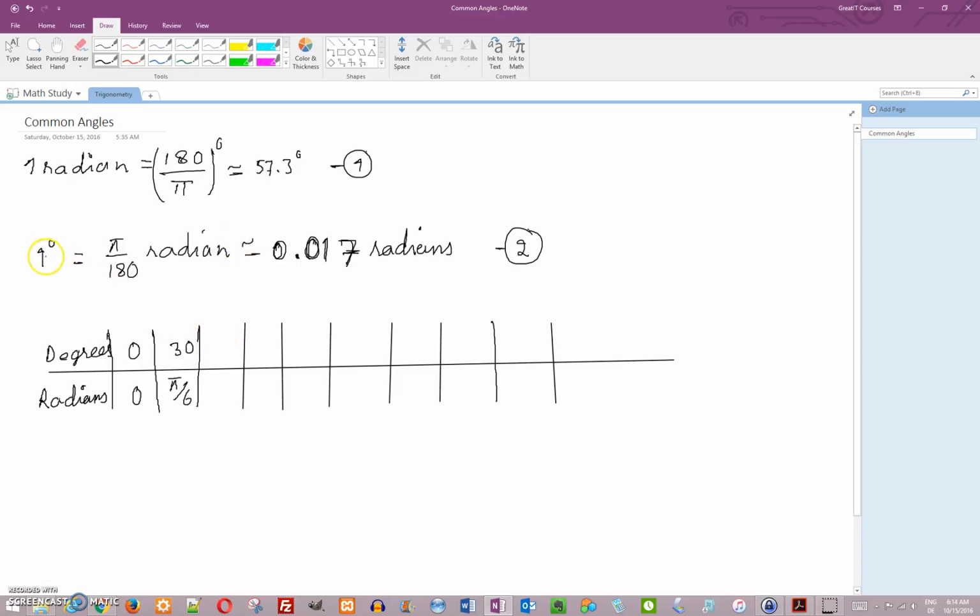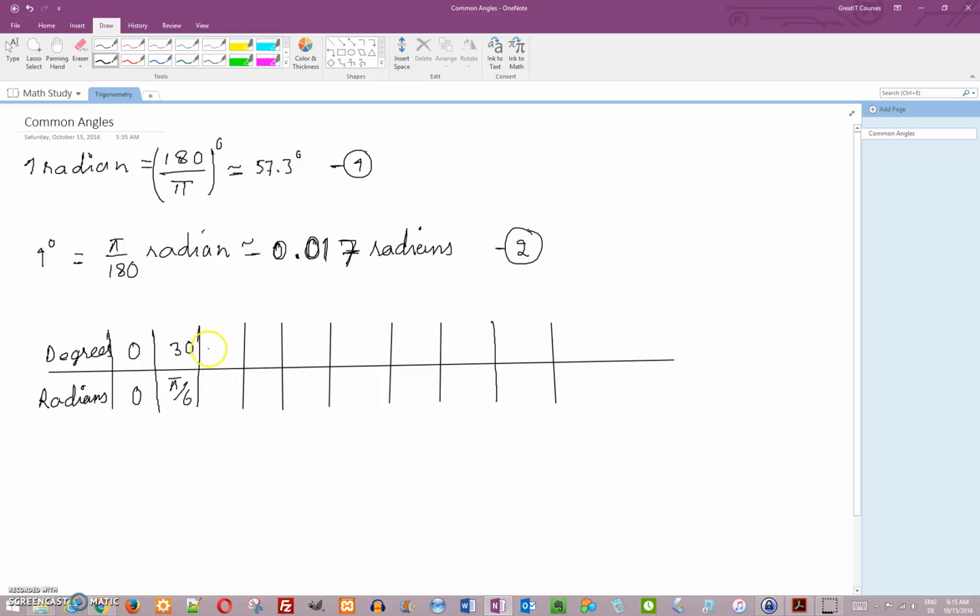So 30 degrees would be 30 into pi by 180 radians, and then 30 would be simplified with 180, and you get pi by 6 radians. So you can use this formula right here, number 2, to convert degrees into radians, and we did that in the previous video as well.